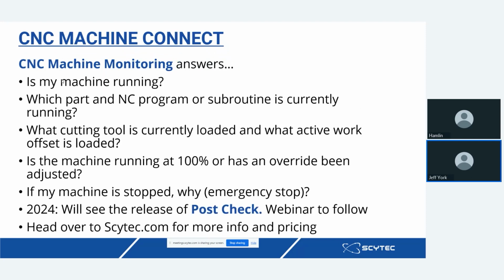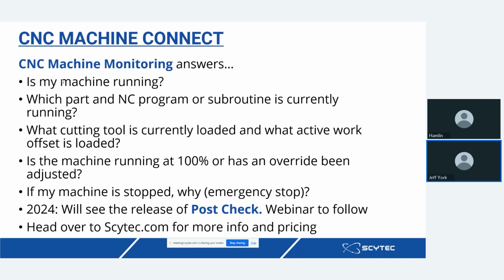Now, CNC Machine Monitoring, the live streaming feature inside of CNC Machine Connect, answers a bunch of questions. And some of the questions that this helps answer out on the shop floor is, very obviously, is my machine running?